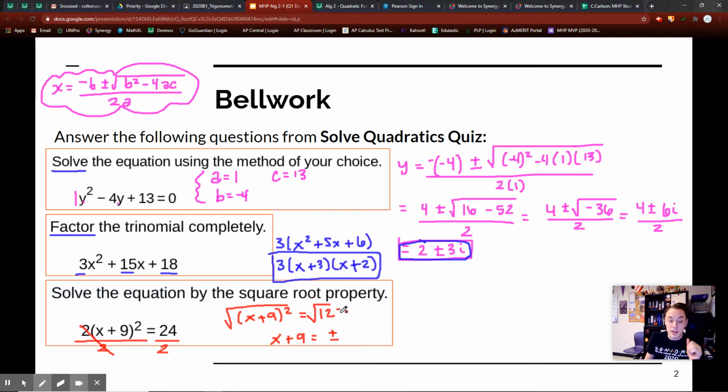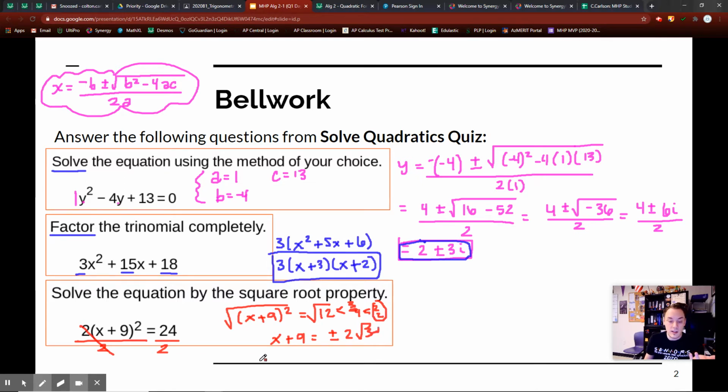Now this can be broken up, and this is why maybe some of you did not get this correctly. This can be broken up into 3 and then 4, and then 4 can be broken up into 2 and 2. Since it's a square root, remember I can circle the 2's and they go outside. But what I'm left with is this 3 here, so this is radical 3.